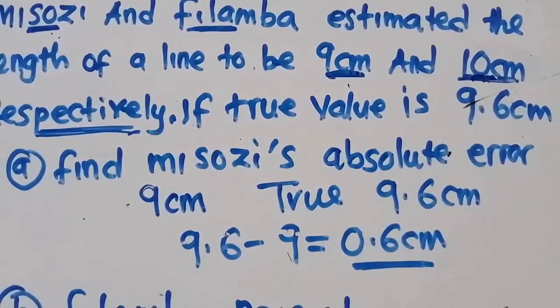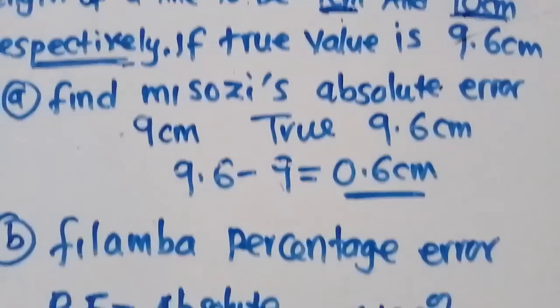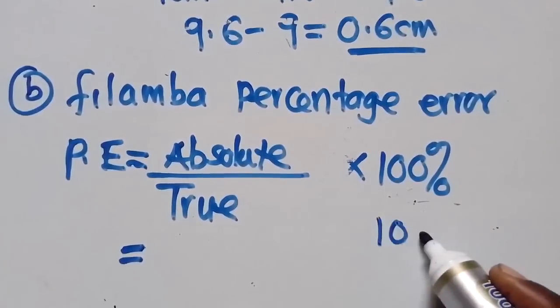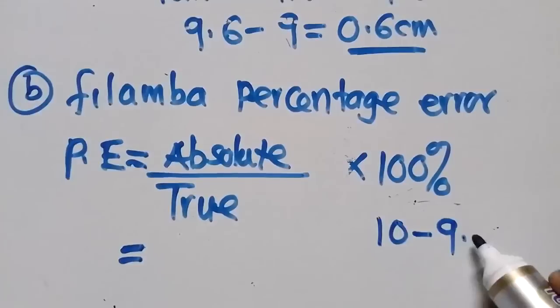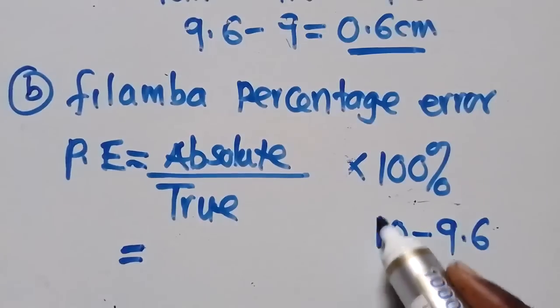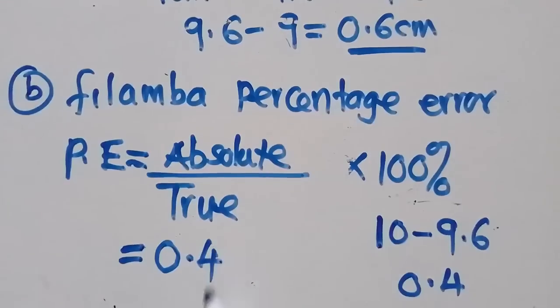So what I'm going to do is this. For the absolute error, Philamba measured 10 centimeters. The original was what? 9.6. So I need to start with the bigger one. 10 minus 9.6 is 0.4. So the absolute error is 0.4.